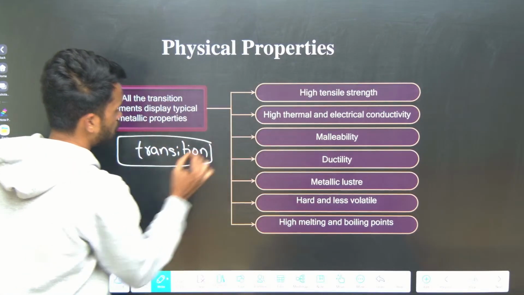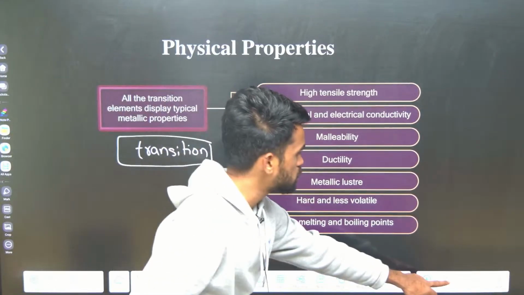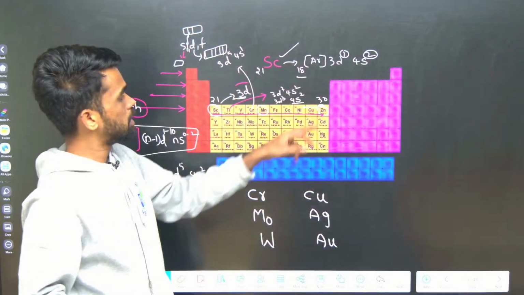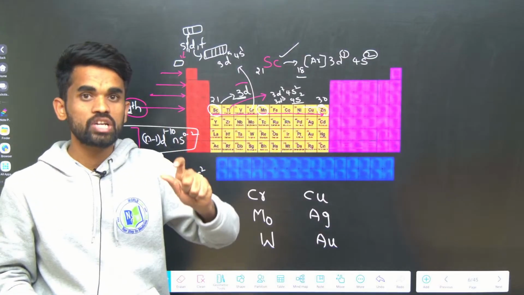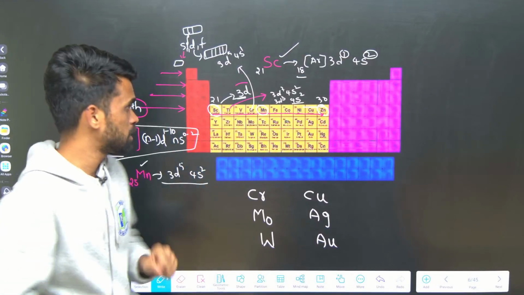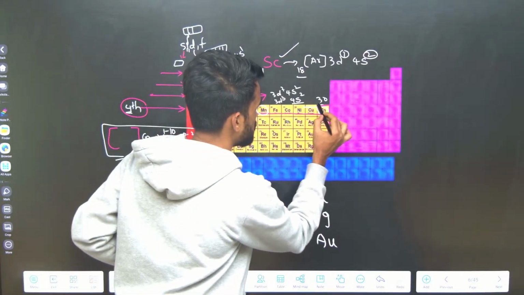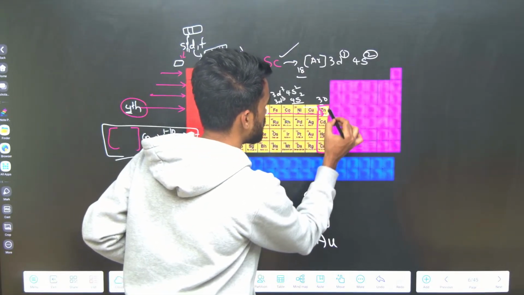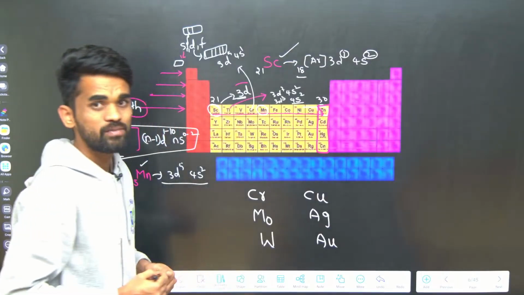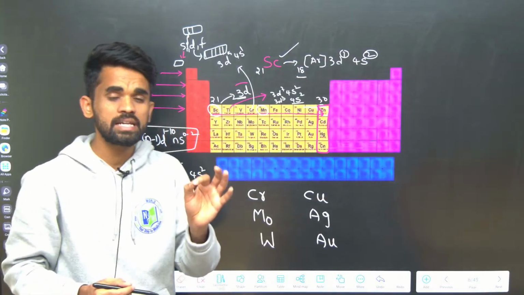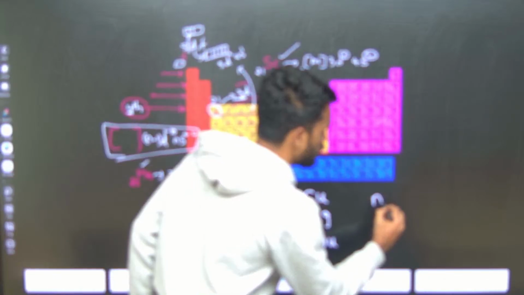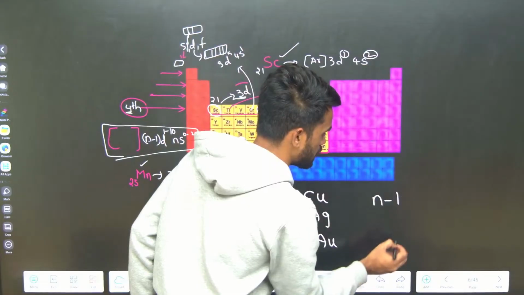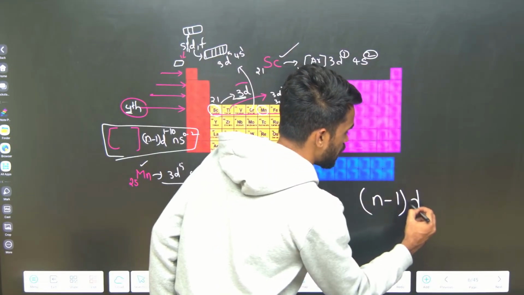See here, all the d block elements you are seeing can be considered transition elements, except the last series, the zinc family. Why? Because you can only say transition elements when there is at least some vacancy in the d orbital.